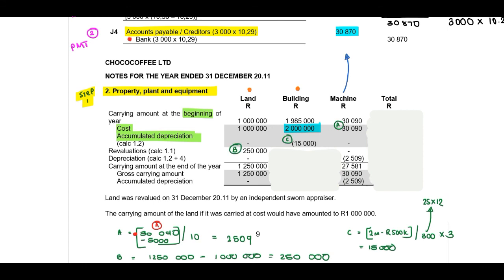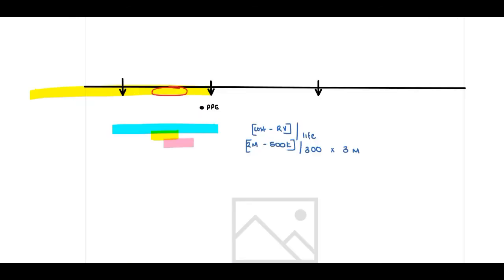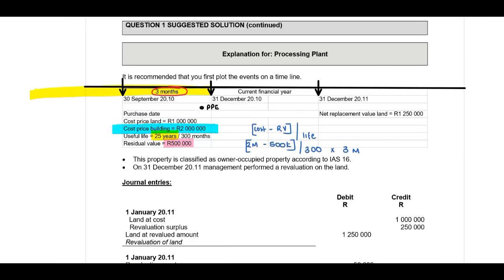Right, now we need to calculate the depreciation for the current year, and this will be calculation D. Again, I just want to show this to you on your timeline. If you look at your timeline, we now need to determine the depreciation for this period of 12 months. Again, 2 million minus 500,000 divided by 300 times 12 now, right?